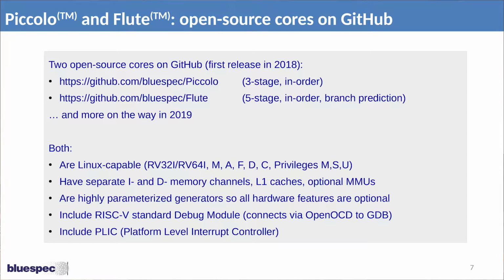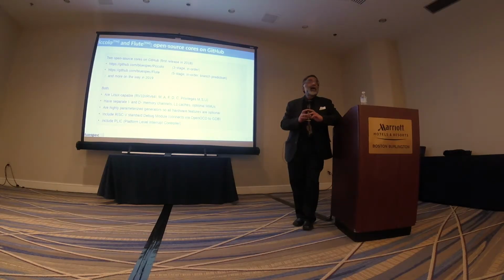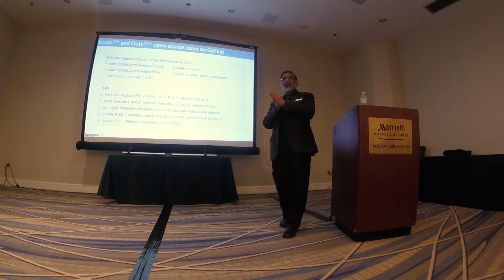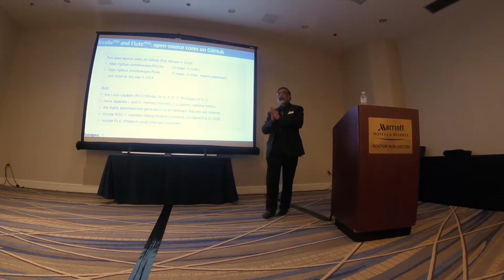Also, these cores include the PLIC, the platform level interrupt controller. This is again a highly parameterized interrupt controller which essentially has 3 kinds of parameters. One is the number of sources that can generate interrupts, which depends on how many devices, etc., you have in your system. It's parameterized on number of targets, which for a single core is essentially 2 targets.